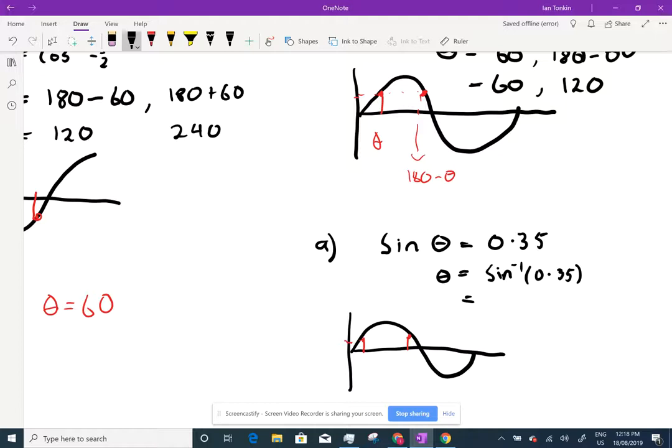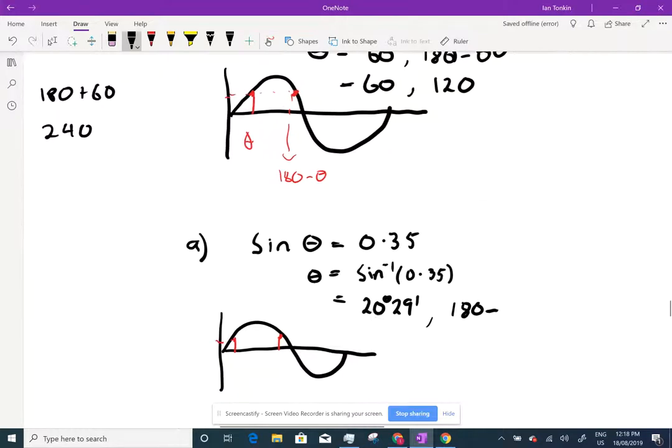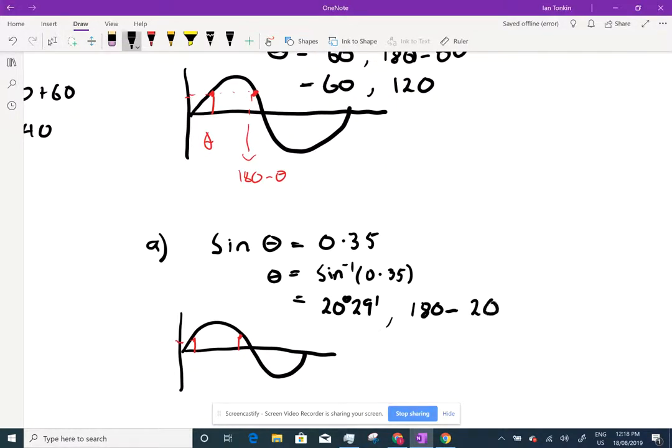And I put it in degrees, minutes, and seconds. I get 20 degrees, 29 minutes. But the other one is 180 minus 20 degrees and 29 minutes.